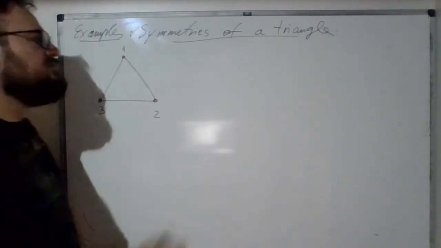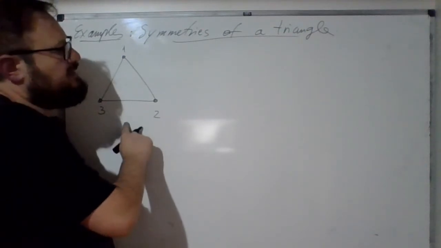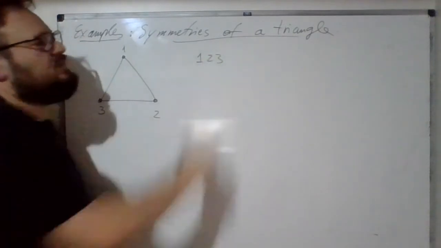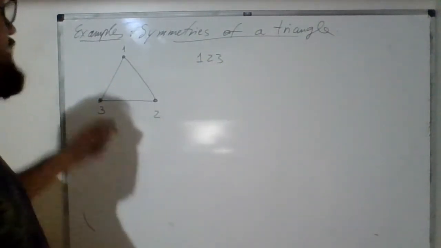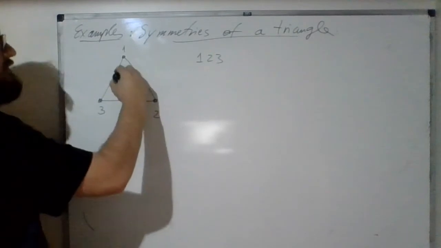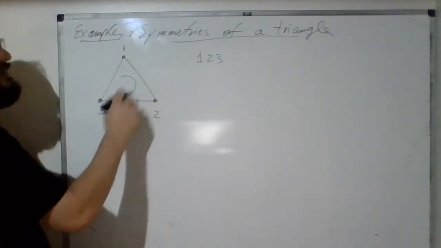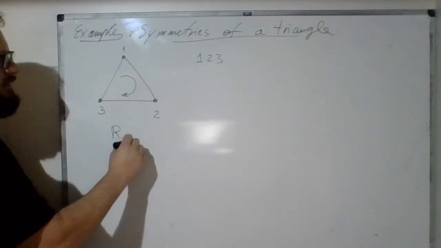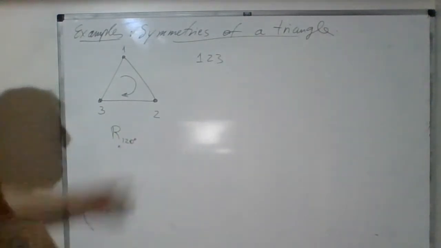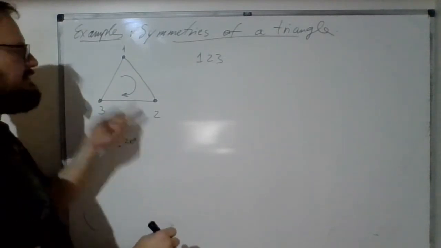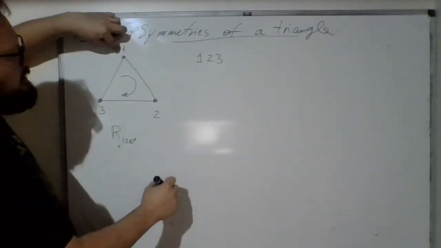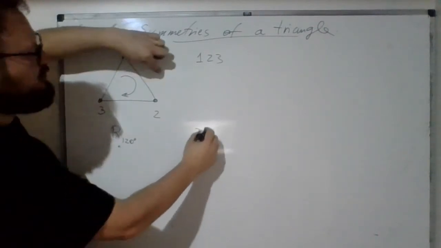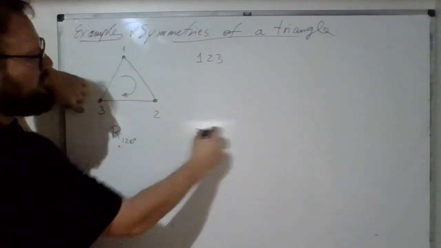And of course, you can just consider the triangle in this position, 1, 2, 3, but you can rotate it this way, so rotation by 120 degrees. It will let the point 1 become the 3, and the 2 becomes the 1, and the 3 becomes the 2.